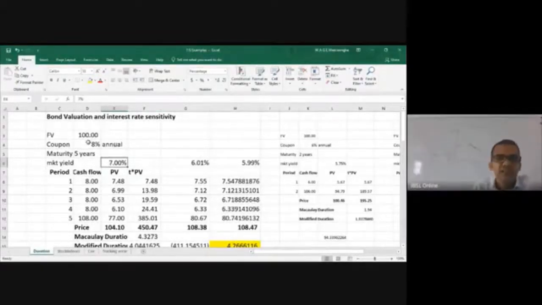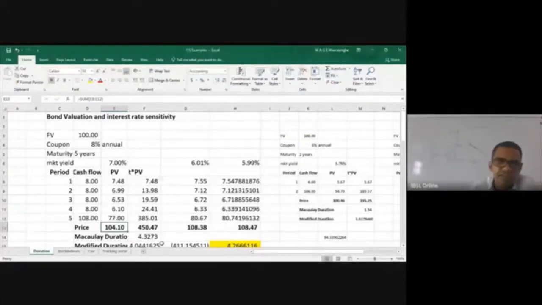Coupon is 8. Market yield is 7. So basically the price is more than face value because you can see the coupon and yield relationship. Coupon is higher than market yield, then you should get a price above the face value.